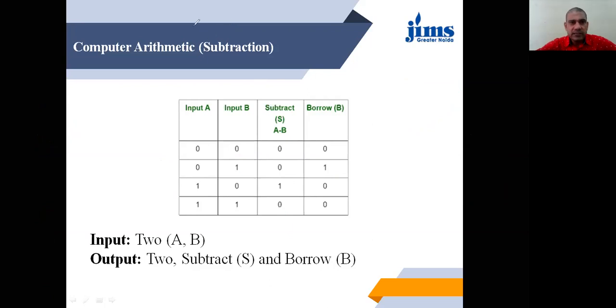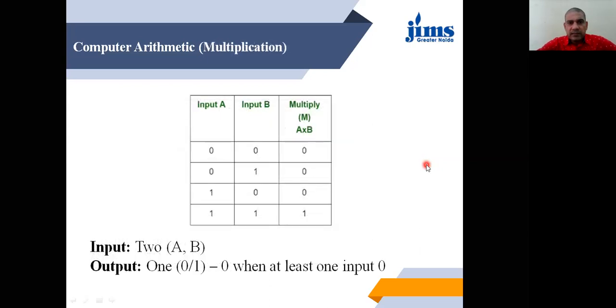So this was the thing that we revised over here. We are not making any circuit with respect to adder or subtractor over here, because we have to see how the operations are going to be performed.